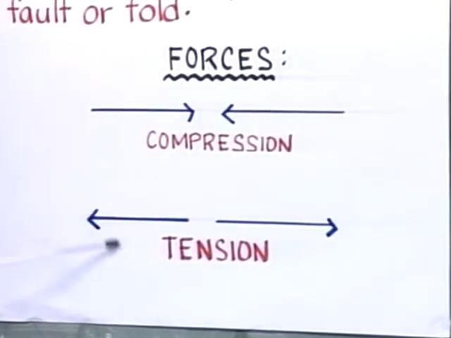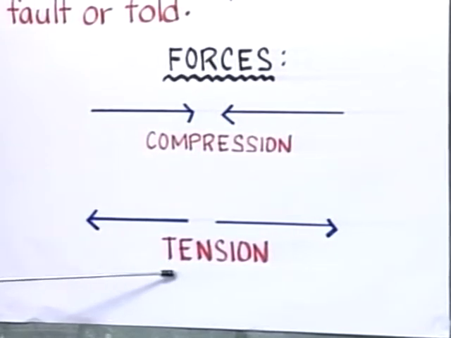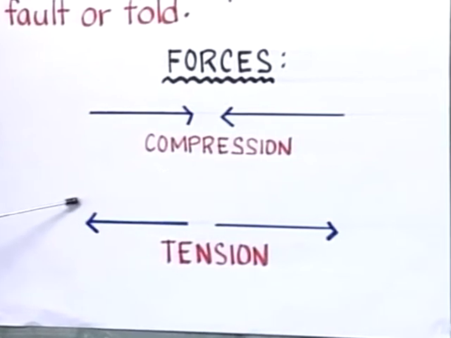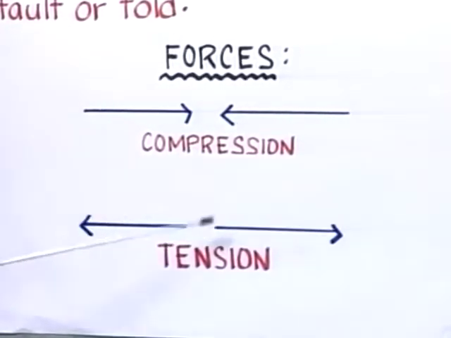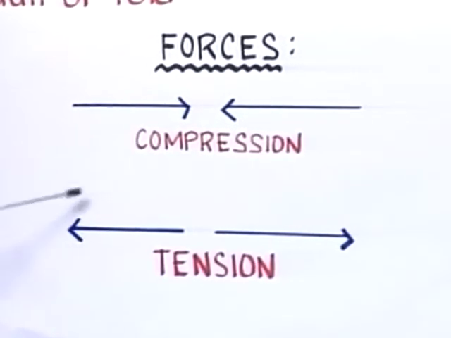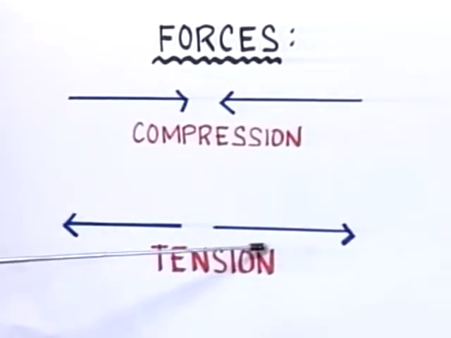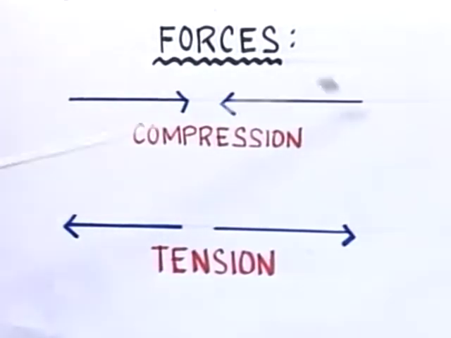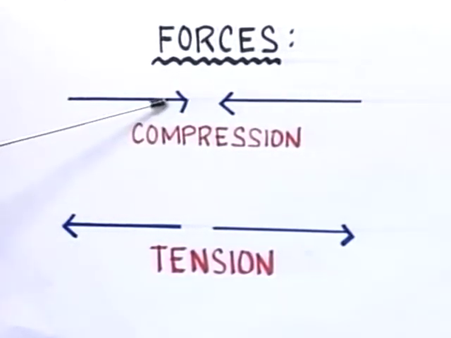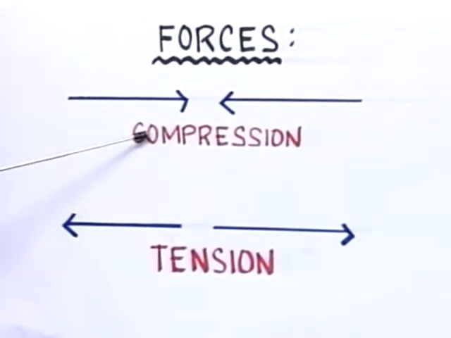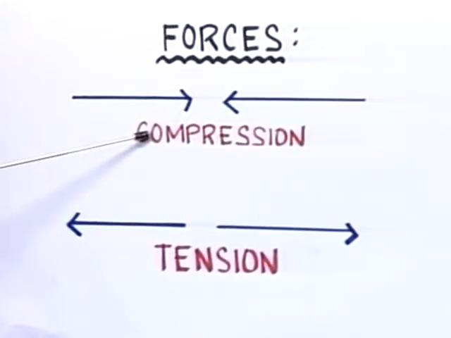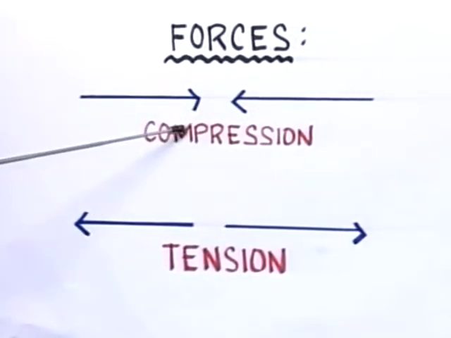The force of tension can be shown with a simple diagram of two arrows away from each other. When the arrows are moving away from each other, then we say the force of tension is exerted on the layer of rocks. When the arrows are pointing towards each other, then we say the force of compression is exerted on a layer of rocks.